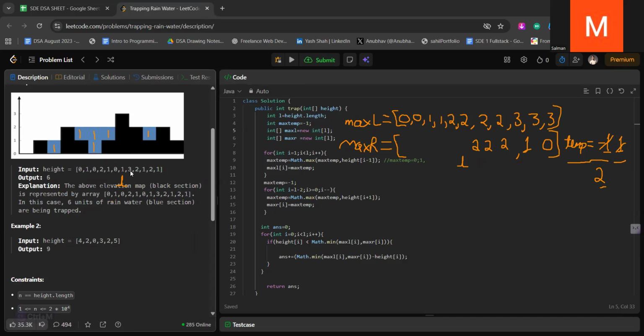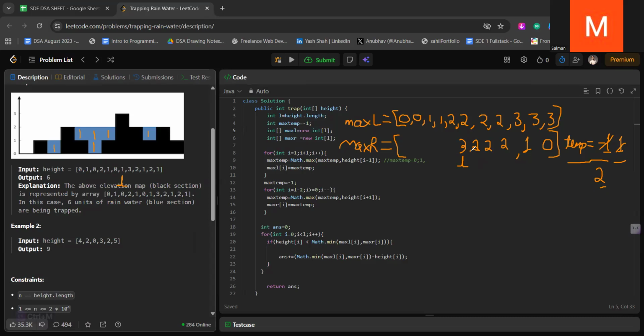This one, 3. And what do you think is maximum? It's 2. So what is the maximum of both of them? Math dot max of I plus 1 and temp, it is 3. So we will update this with 3, right? Yeah, fine.